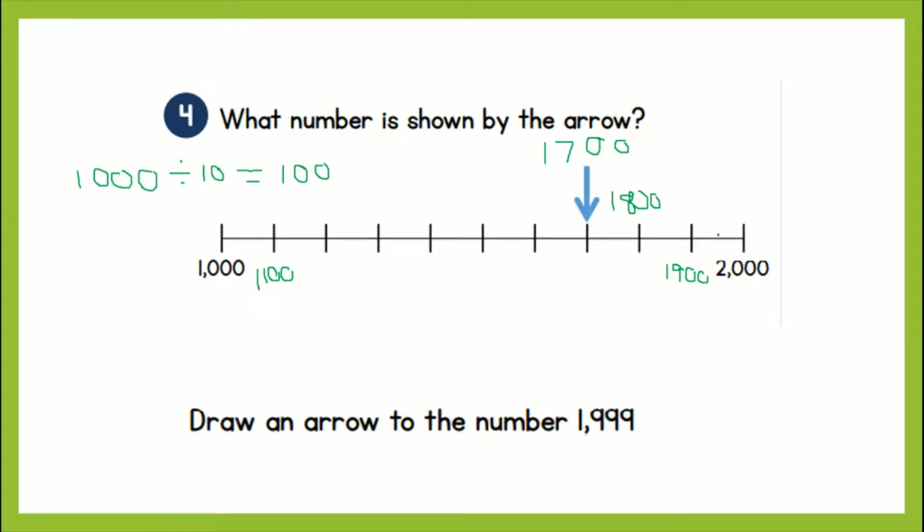And in the middle here, we've got 1,950. So it's going to be in this section now. And it's going to be really close to the 2,000 mark, but not at the 2,000 mark because it's one less. So if we draw our arrow in very close to it, that would be where 1,999 would be.